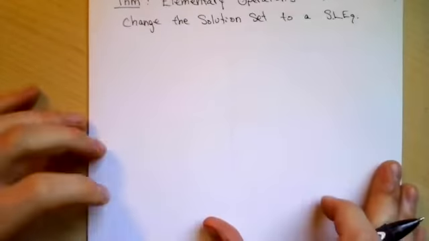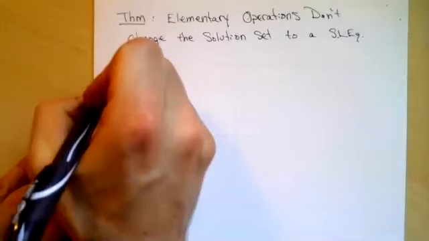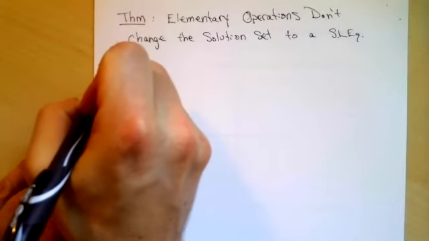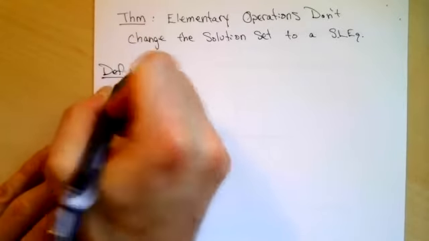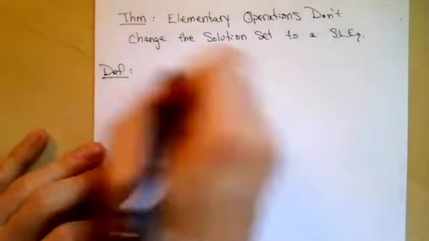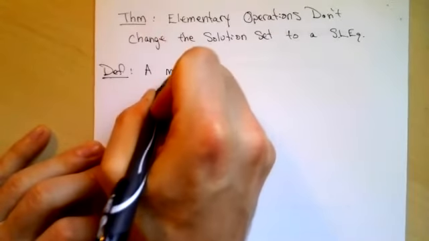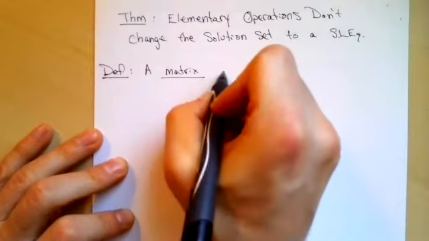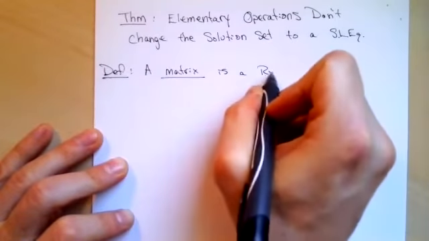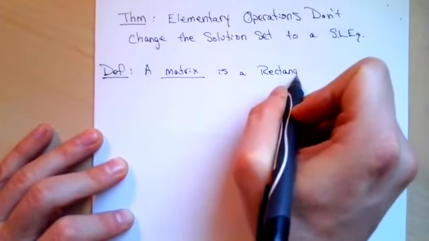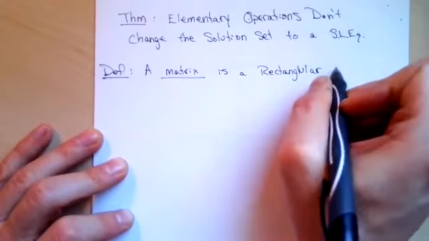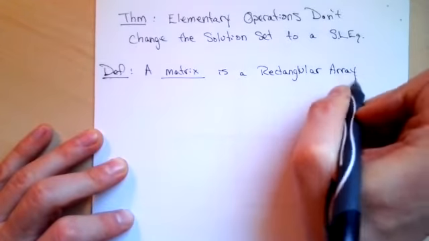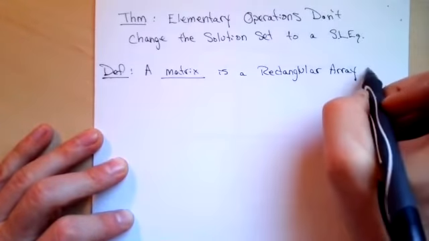So let's take a look at how we want to do these with what are called matrices. So we'll be working with matrices more tomorrow. For now, we'll say that a matrix is a rectangular array of numbers.